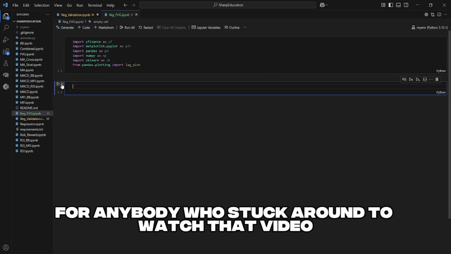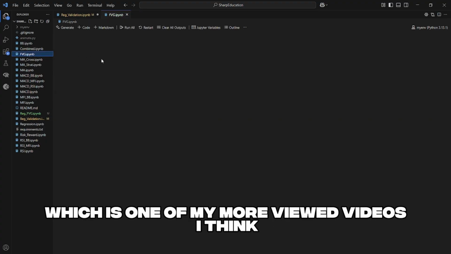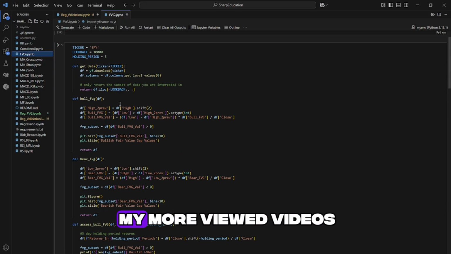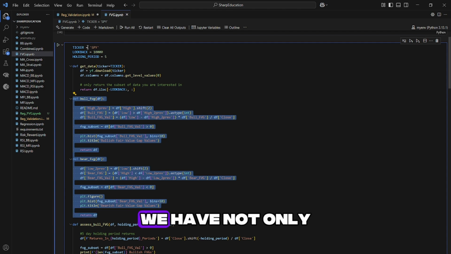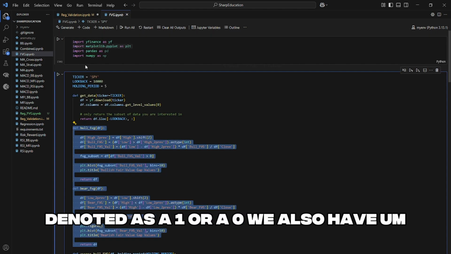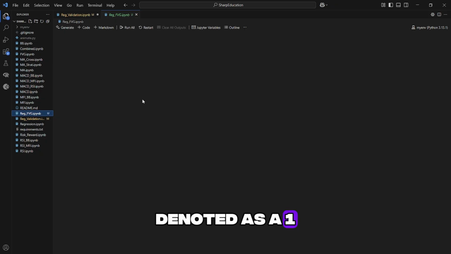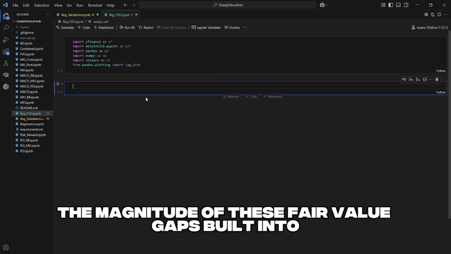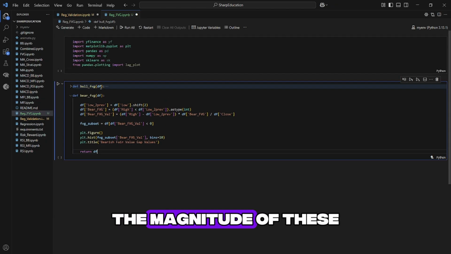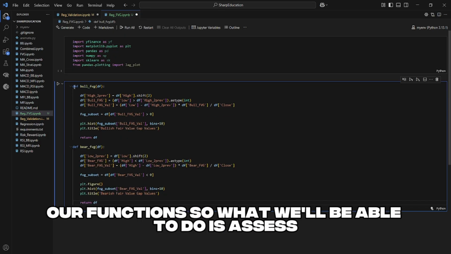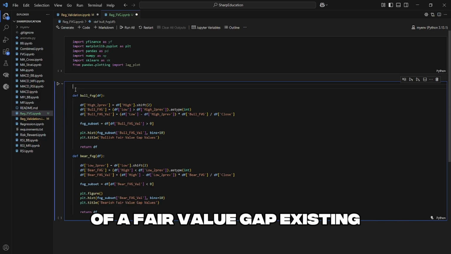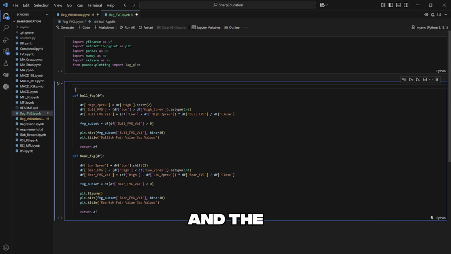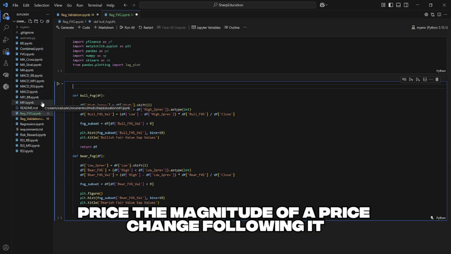For anybody who stuck around to watch that video, which was one of my more viewed videos, I think, we have not only the existence or non-existence denoted as a 1 or a 0, we also have the magnitude of these fair value gaps built into our functions. So what we'll be able to do is assess whether there's a relationship between the size of a fair value gap existing and the magnitude of a price change following it.